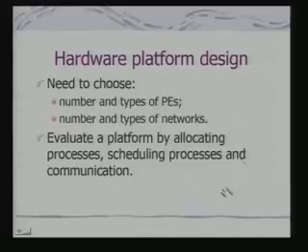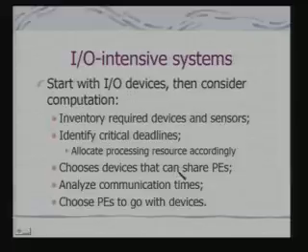So, when I am designing on the basis of these parameters, we need to choose processing elements and the types of networks, and we evaluate a platform by allocating processes, scheduling processes and communication such that these requirements are satisfied. If you look at IO intensive systems, which is typically your sensor network, you need to identify the devices and sensors and the critical deadlines, allocate your processing resources accordingly, analyze your communication times, and then choose PEs to go with the devices.